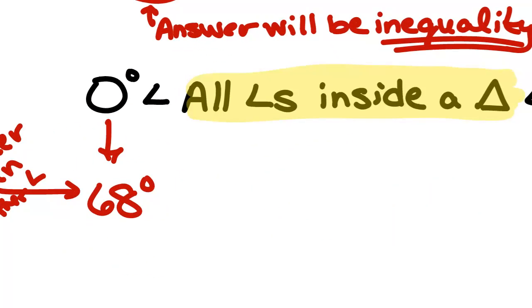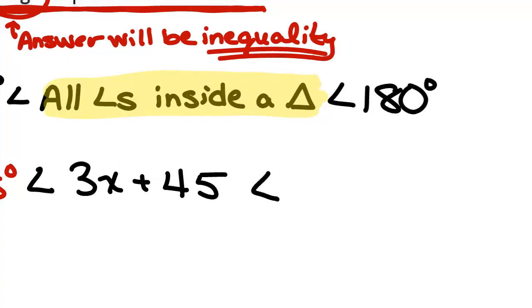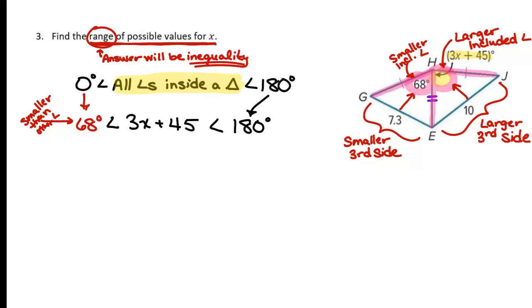So 68 degrees is less than, I'm going to put my other included angle here, which is 3x plus 45. And that would still have to be less than 180. I know this one is smaller than this one, but I don't know anything that's bigger than this one. So that's why I left it as 180 over here, because I don't know anything that's bigger.